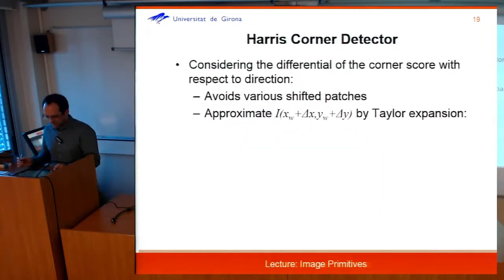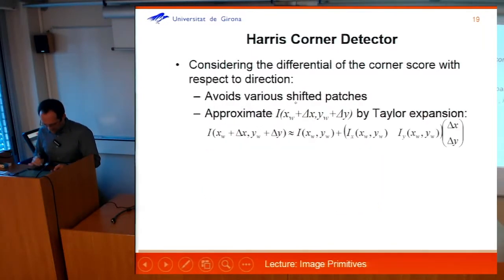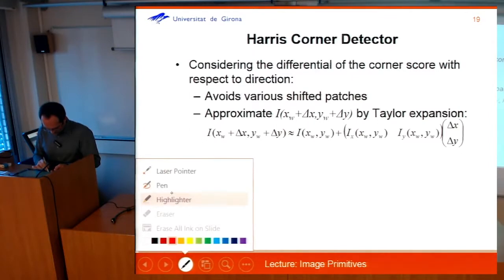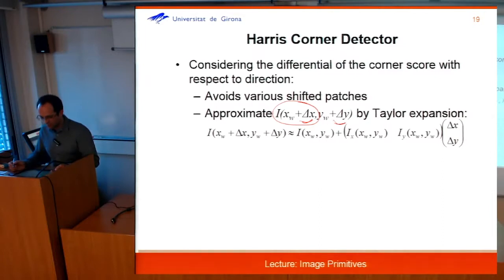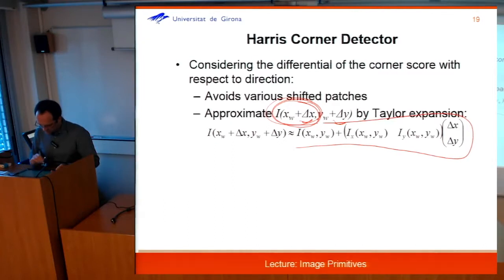So essentially, instead of using these values here, which is, remember, x plus delta x and y plus delta y, now they are going to compute this, taking a Taylor expansion, and you get an expression like this one, okay, to the first order. And this is, again, delta x and delta y.